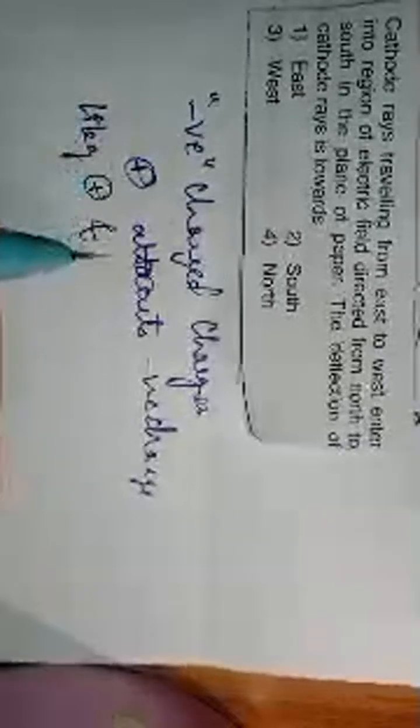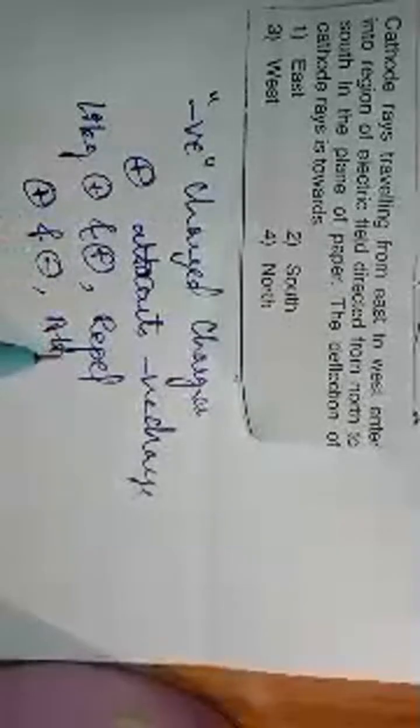And like charges, if both are positive, they will repel each other. In the same way, unlike charges, positive and negative, will attract each other. According to that, you can guess this answer.